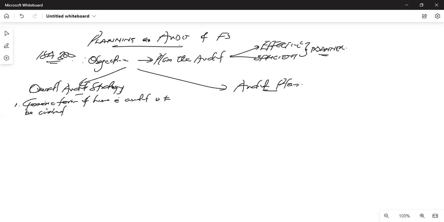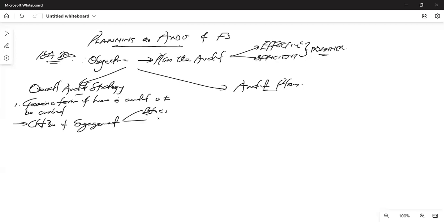In terms of the general terms of how you are going to do the audit, it sets out the characteristics of the engagement. So you will see from here the ethical considerations.